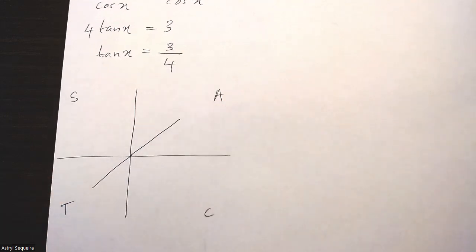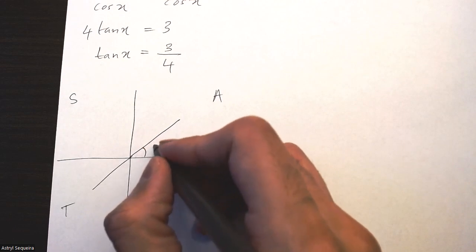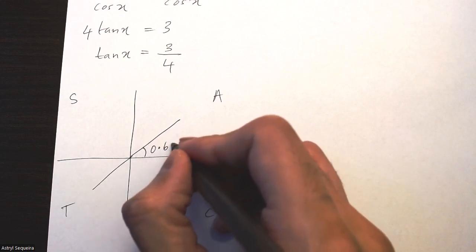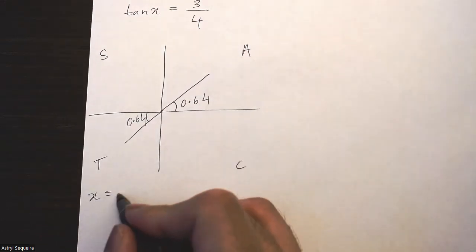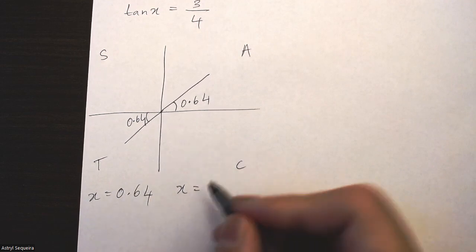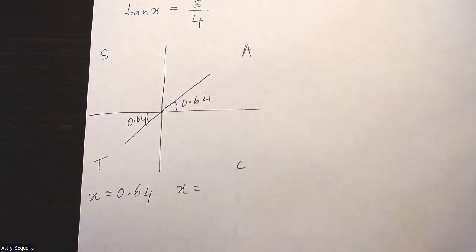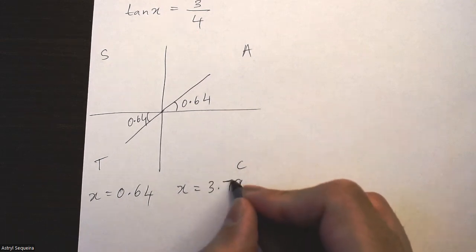To find the acute angle, I've got to do the tan inverse of 3 over 4, which is approximately 0.64 if I round to two decimal places. So my two solutions here for x between 0 and 2 pi are 0.64, which is the first quadrant, and here it's pi plus 0.64, which is approximately 3.79.